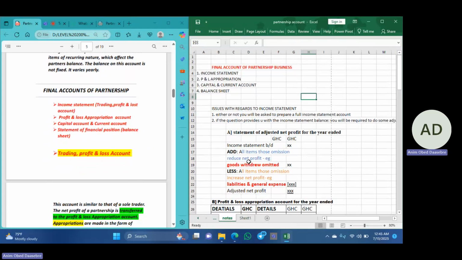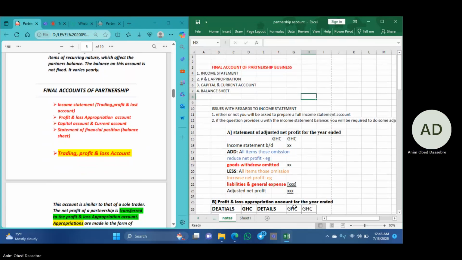Now, why are we adding goods withdrawn omitted? Goods taken for personal use will reduce the profit of the firm as a business, because the cost of the goods has not been taken from the books.